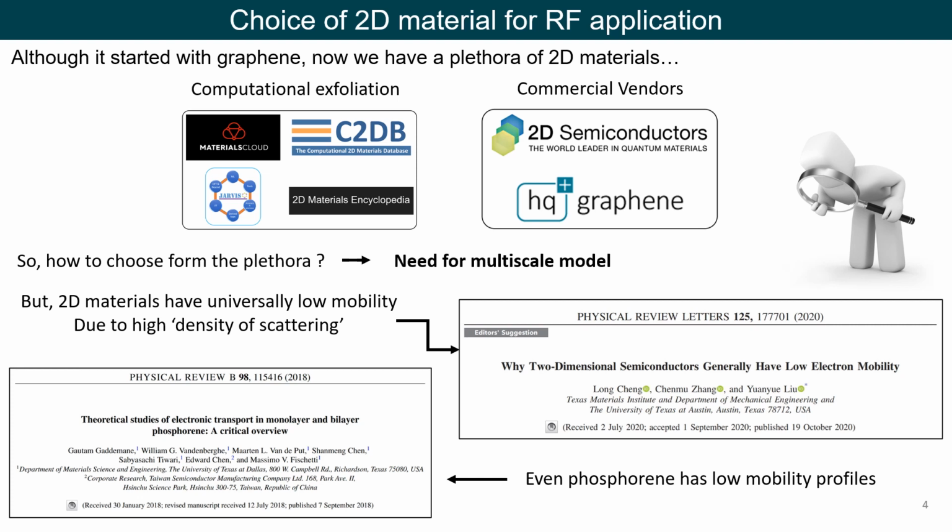On the other hand, from the application perspective, although the initial applications of the 2D materials were targeted towards digital circuits, now they are also being explored for analog or radio frequency applications. However, for a typical high frequency application, a 2D material with high carrier mobility is desired so as to obtain a high cutoff frequency.